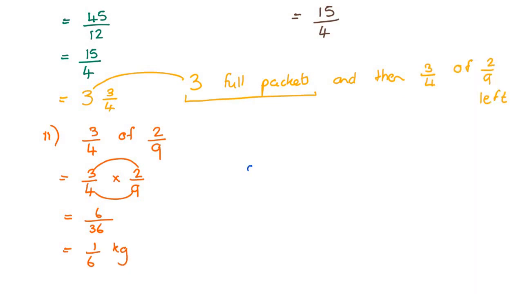Or if I'd done our cross-cancelling version, I could have said 3 goes into itself once, 9 divided by 3 is 3, 2 divided by 2 is 1, 4 divided by 2 is 2. So I get 1 times 1, which is 1, 2 times 3, which is 6. So really nice question. Simply because the answer wasn't a whole number, it meant that there was a whole number of packets and then some leftovers.